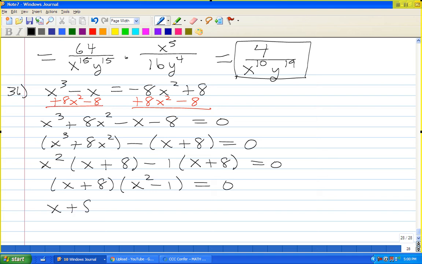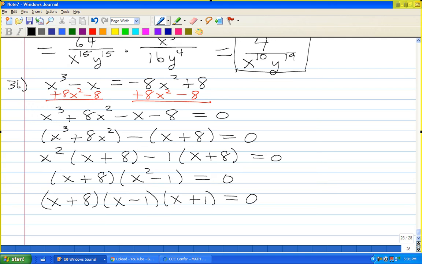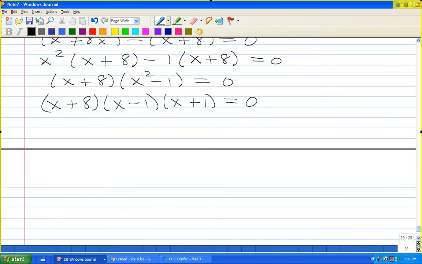Factor, well, this is just by the special product formula. The difference of squares is just the product of the sum and difference of their terms. And so, by the zero factor property, I can set each factor to 0 and solve for x.